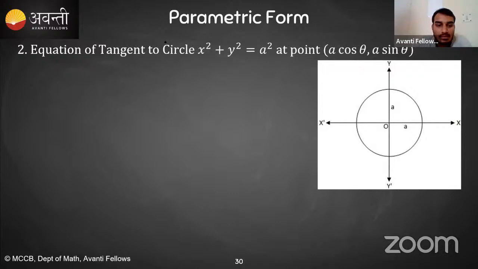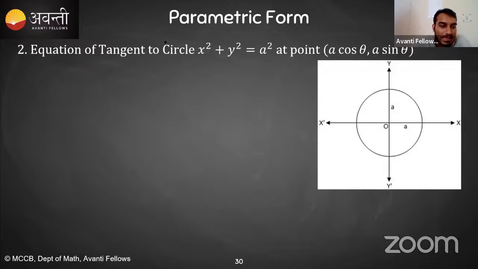What is x1 here? x1, y1 कितना है? देखो everyone, here x1, y1 is nothing but a cos theta comma a sin theta only. Yes or no?